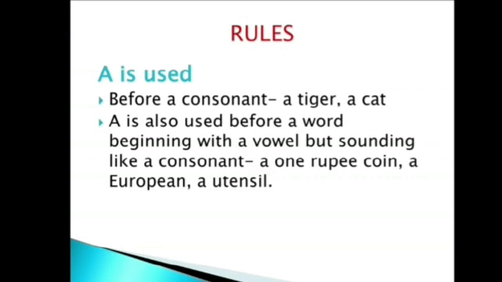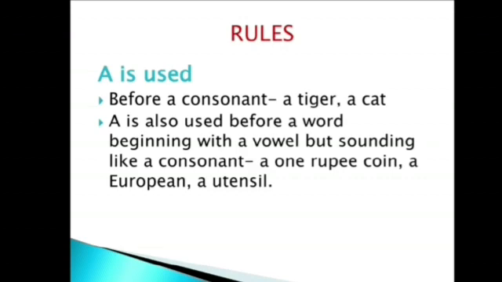Let's see first example, a 1 rupee coin. In this word, 1 is starting with O, but we have not put an. Why so, children? The reason is the sound is V and V is a consonant.